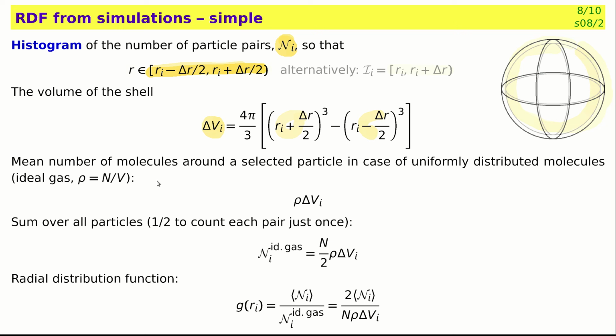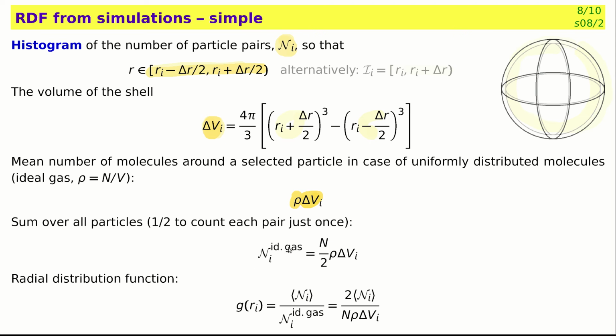And I know that in the case of ideal gas, the expected number of molecules in such a volume is the number density times this volume. This would be the ideal gas. However, I am doing a sum over all particles. So in this procedure I would get the same contribution twice, because it is a pair quantity.